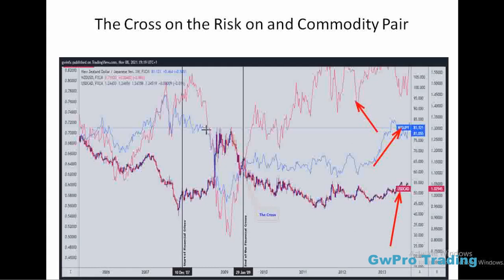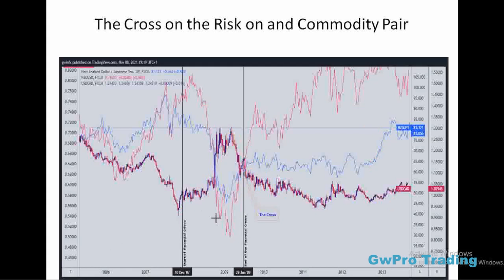So you can see that during the drop here, fear came in and selling the assets. USD CAD went up a little bit and then dropped back down. So you can see that this one then went up, this one then went down. Went separate ways.